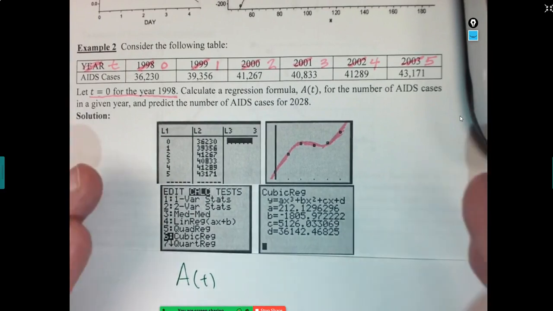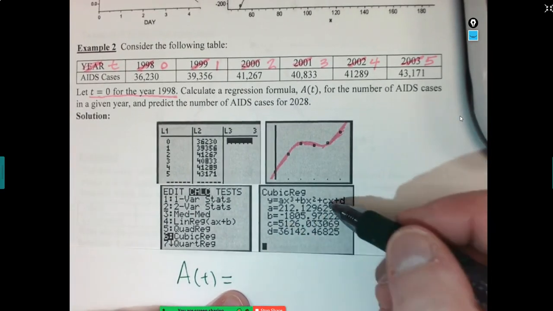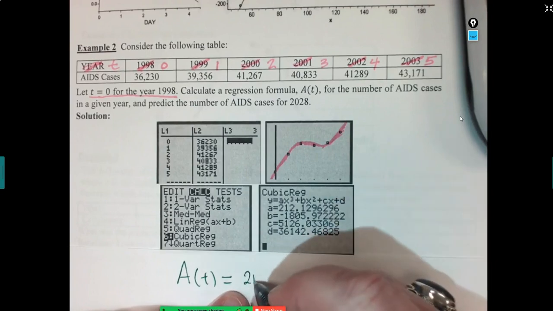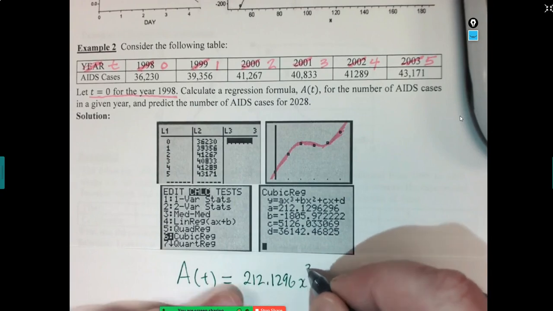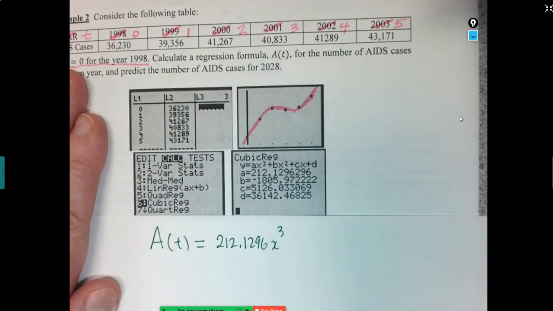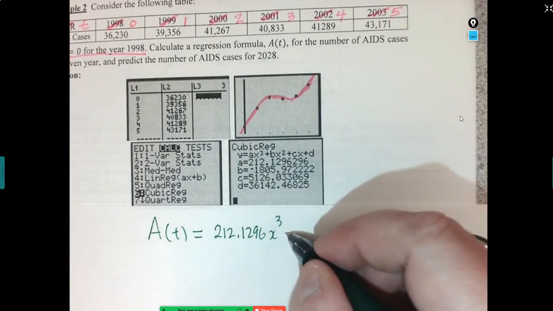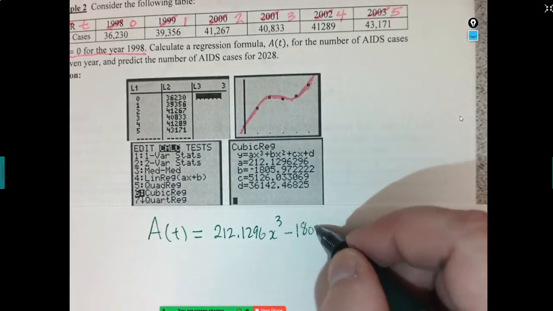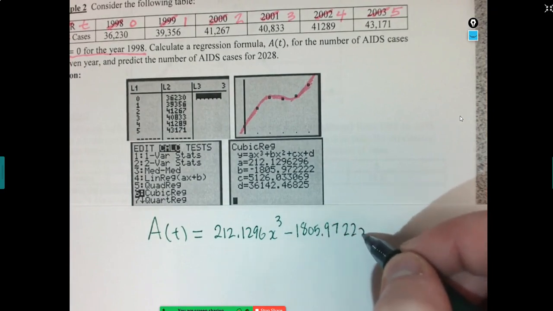So it's just how it presents itself. So equals A, and I'm going to take that to 4 places, times X cubed. And then plus B times X squared. B is a negative number, so it's going to be minus. Taking that to 4 places gives me that.